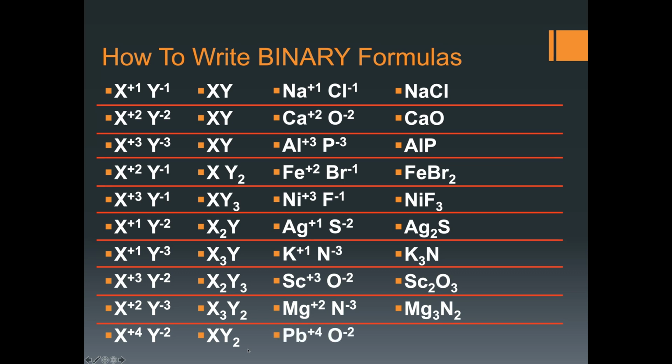So if we're going to react lead-4 with oxide, we're going to need 2 negative 2's to cancel out the positive 4. We could say Pb2O4, but then we would simplify it to PbO2. When you're dealing with an ionic compound, you must simplify the formula. This is what's called an empirical formula.